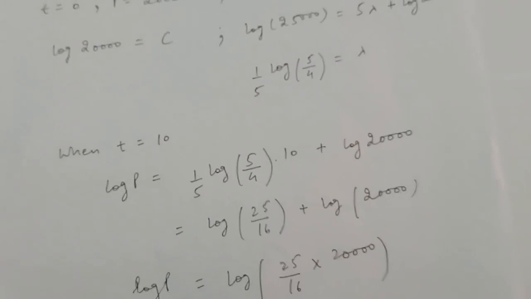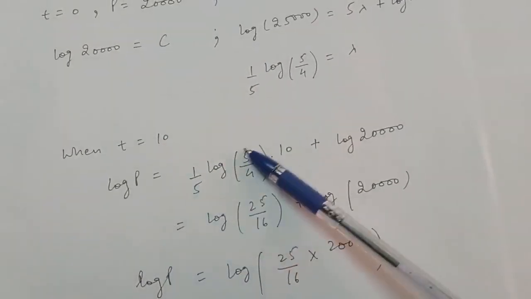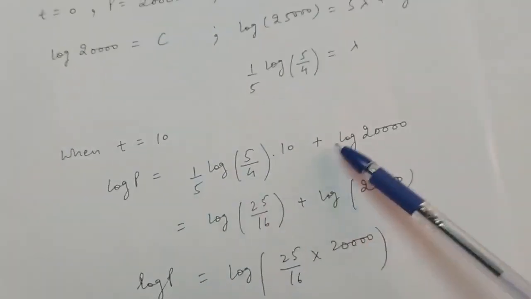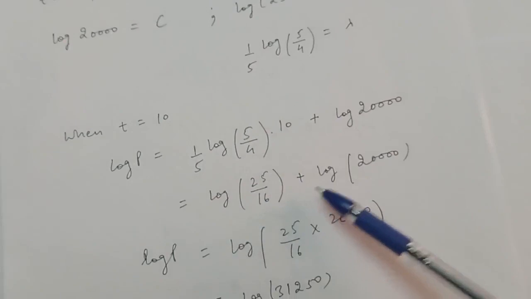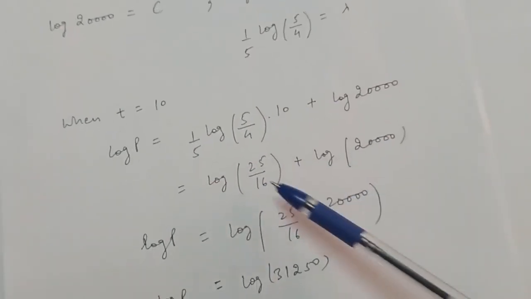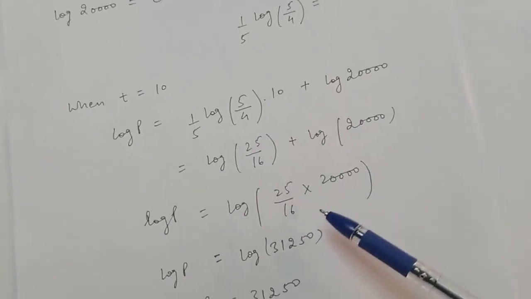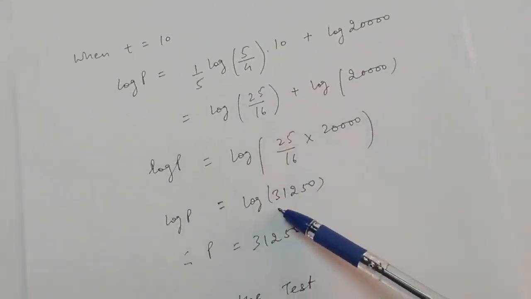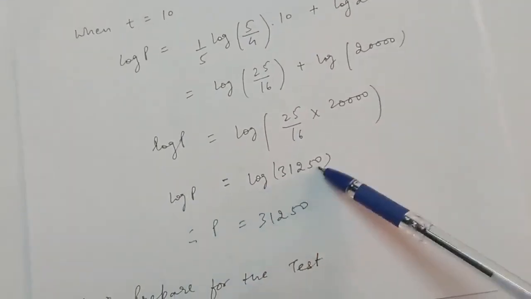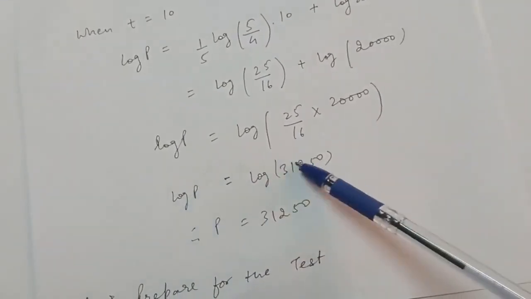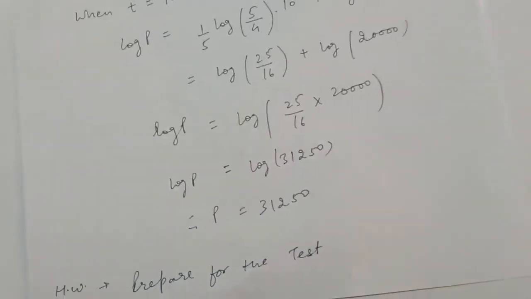Now when t is equal to 10, log P will be lambda into t, t is 10, plus c. Solve this, it will be log 25 by 16 plus log 20,000. Then it will be log this into 20,000, which will give you log 31,250. And when log m is equal to log n, m is equal to n. Therefore, P will be 31,250.